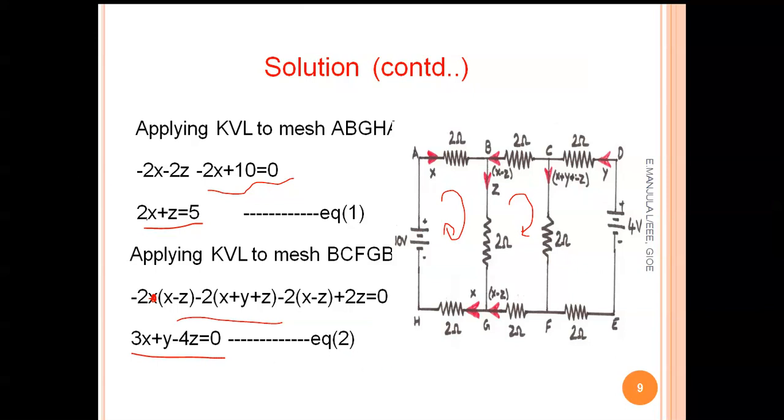So here directly I can multiply by 4, the whole part. Then what happens? This is 8x plus 4z is equal to 20. Then this and this will get cancelled.